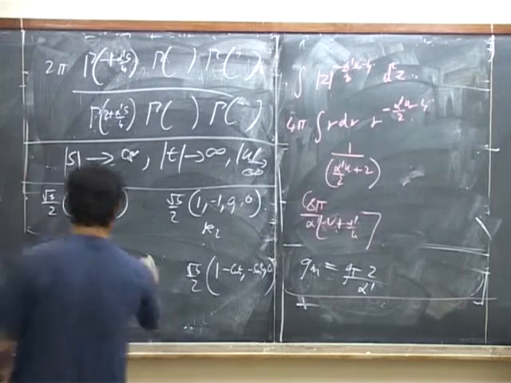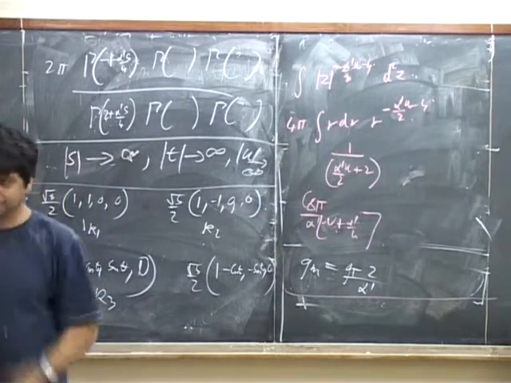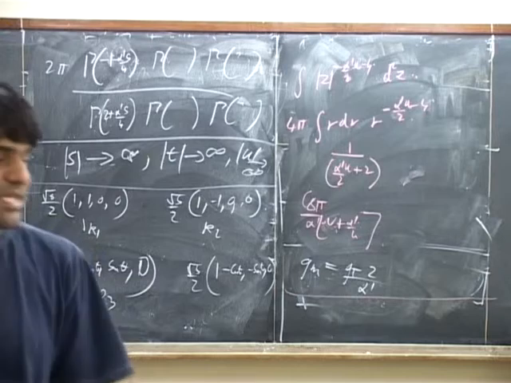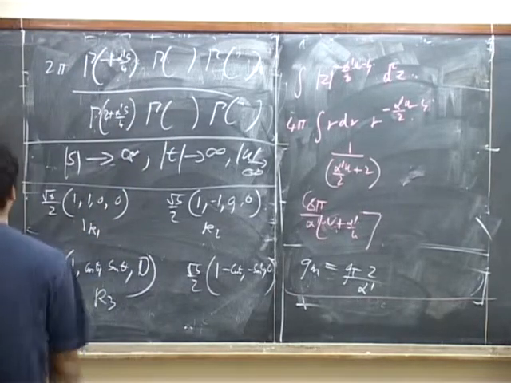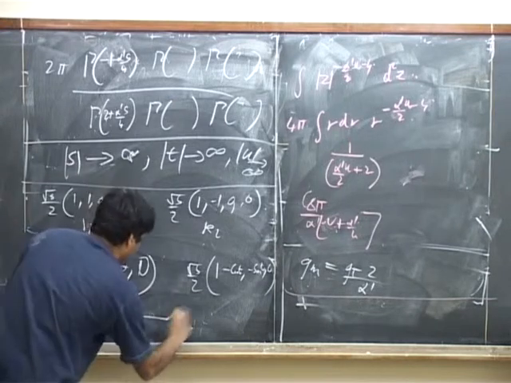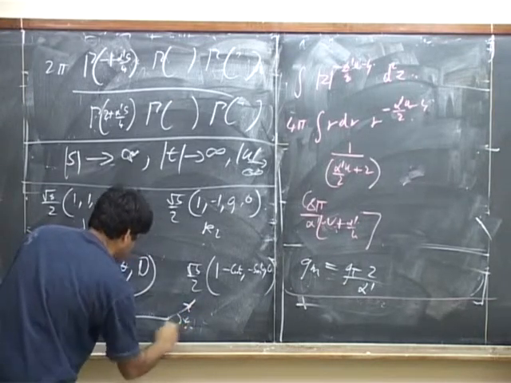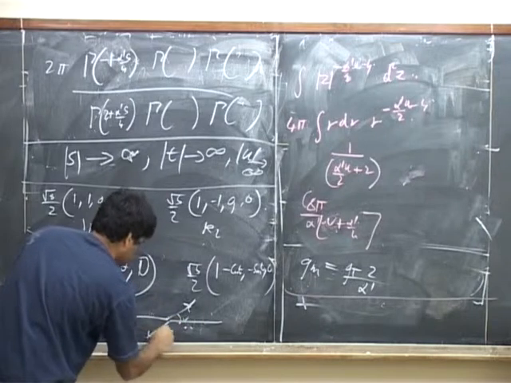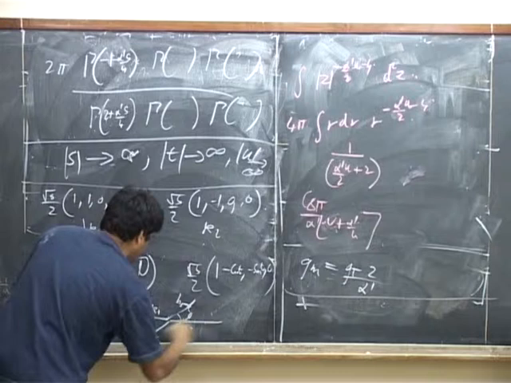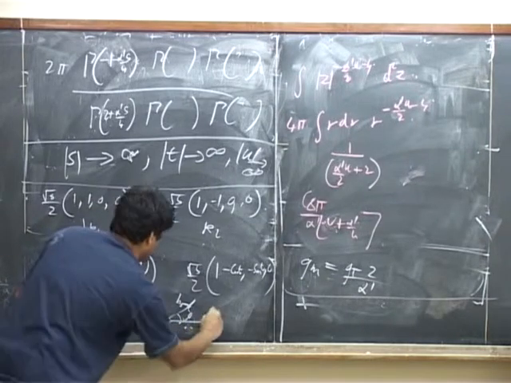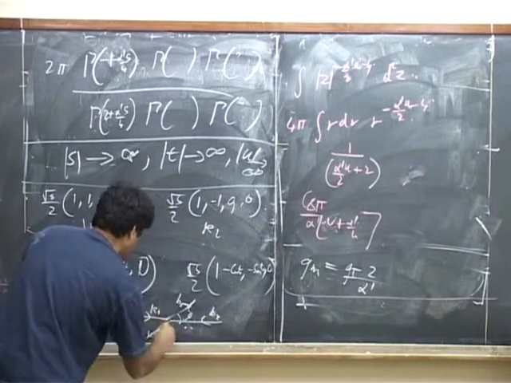Okay, so this is the momentum diagram: something that comes in like this and then scatters at an angle theta. K1, K3, K2, and K4.